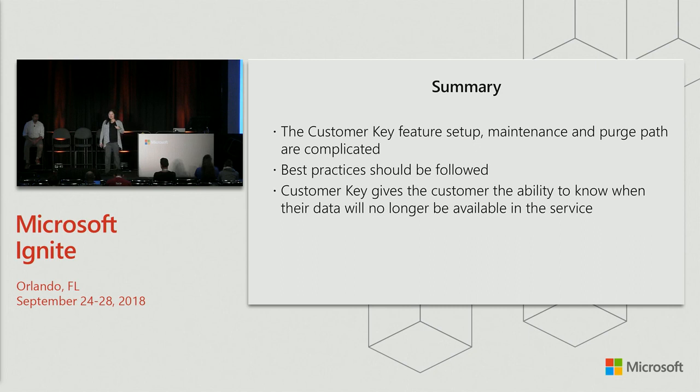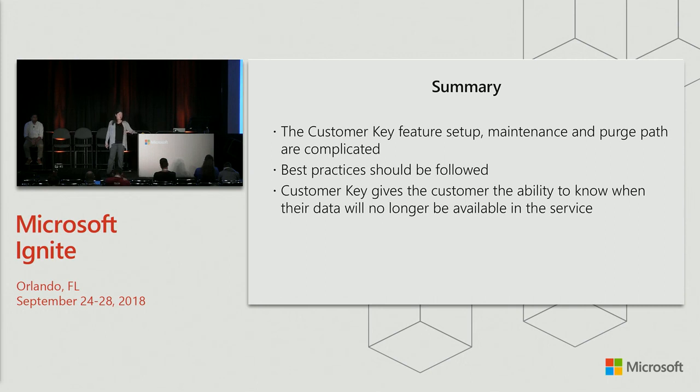Customer key gives the customer the ability to know when their data is no longer accessible in Office 365. Again, the OST will say 180 days, but it could be any time in that 180 days. With the particular customer key feature, if you do decide to exit the Office 365 service, as soon as that e-document is returned to Office 365 by that data owner and signed, we will delete the availability key.